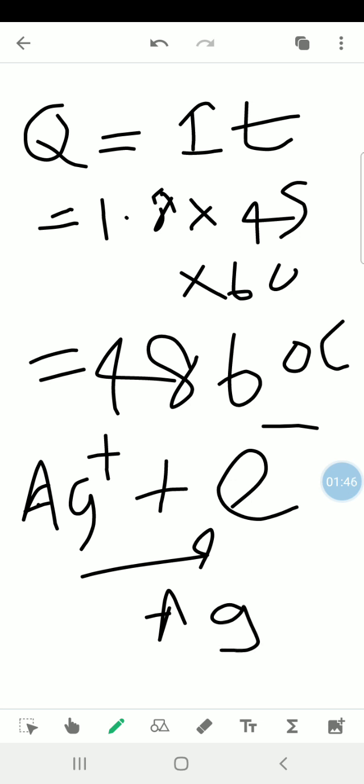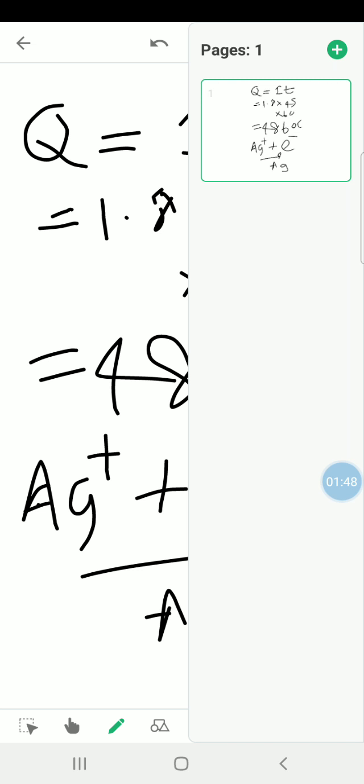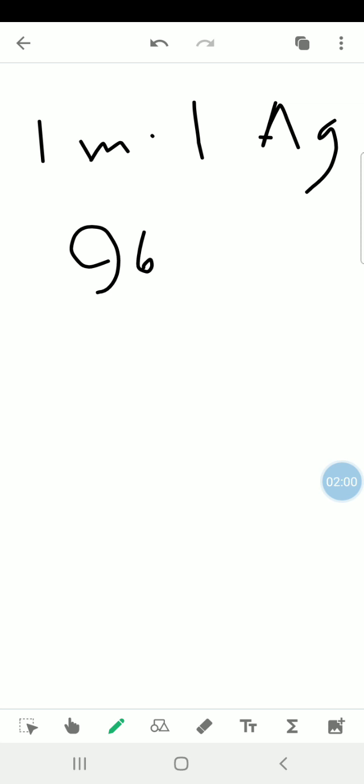So to produce 1 mole of silver, what is the charge that you would require? 96,500 coulombs, because only 1 electron is involved here. 96,500 coulombs.